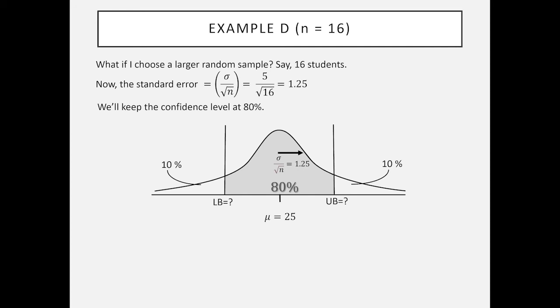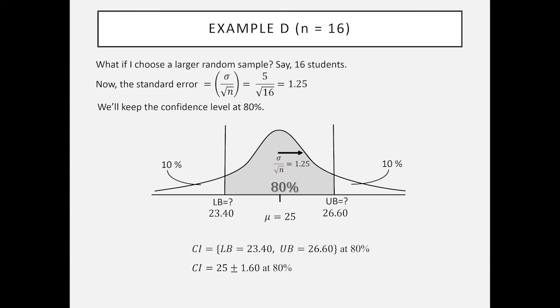What is going to be the upper bound and what's going to be the lower bound? Well, once again, we can use that app, but you can quickly see that clearly this confidence interval is going to be narrower, right? Because now the spread is narrower. The standard error is smaller. I figured it out using that app. I got 26.6, 23.4, which we can write now as the lower bound and the upper bound. We say at an 80% chance.